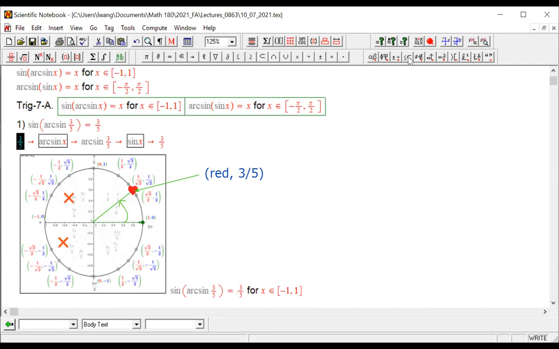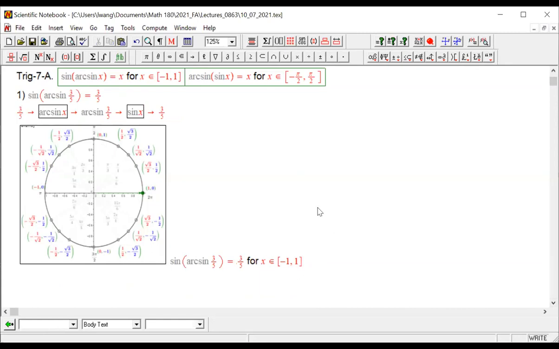Okay, so I'm going to illustrate that. Number 2. Jacob was just applying that directly. Okay, so sine of ArcSine of -3/4.